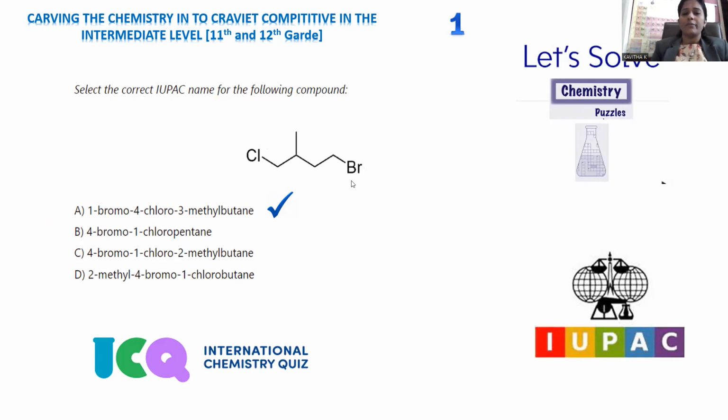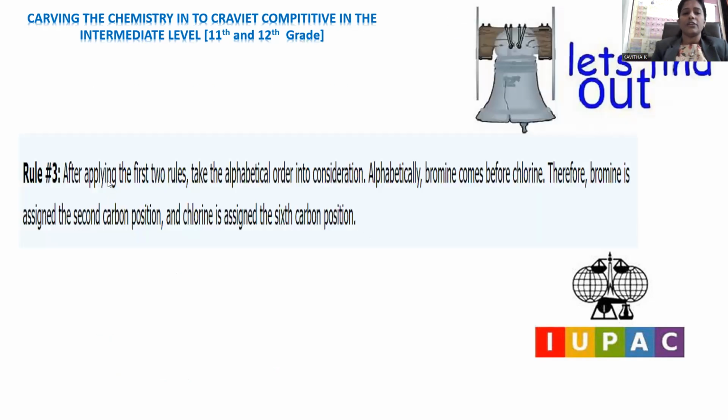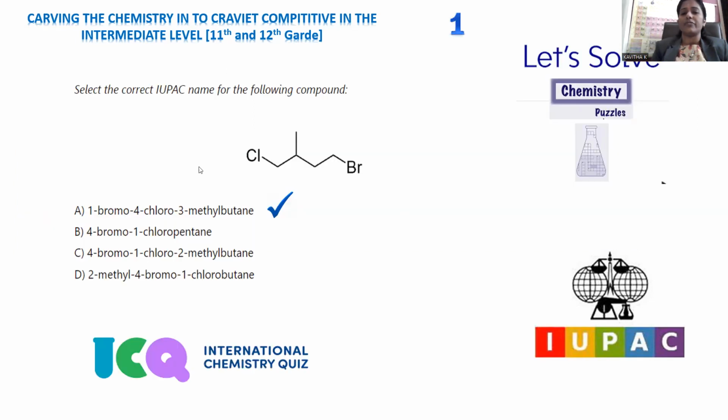So 1 bromo, 3 methyl, 4 chloro, and the parent chain will be 4 carbon length, so you can mention butane. So the correct answer will be 1 bromo, 4 chloro, 3 methyl butane. This is in accordance with rule number 3, where you find the alphabetical order if more than one functional group is present. This is the right answer for question number 1.